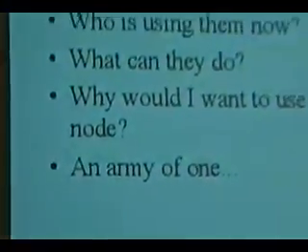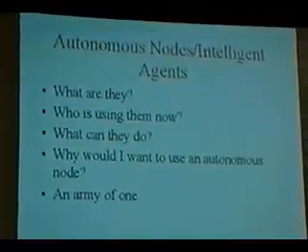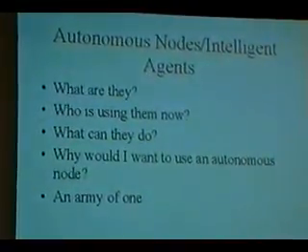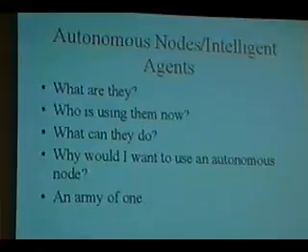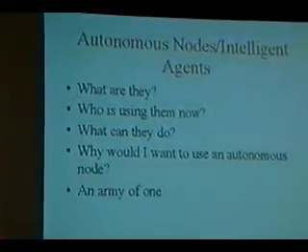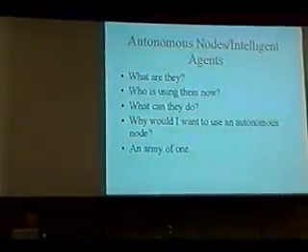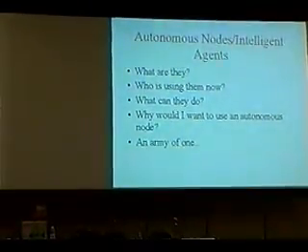What are autonomous nodes and intelligent agents? There is a distinction between the two. You'll hear a lot about intelligent agents in network software that goes out and retrieves information for you, such as a news agent. You tell it what type of news you want to read, and it goes and gets it from all the different places that it knows about.